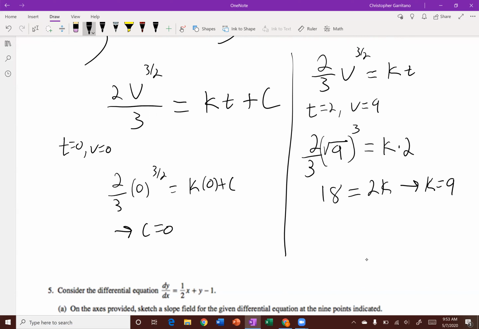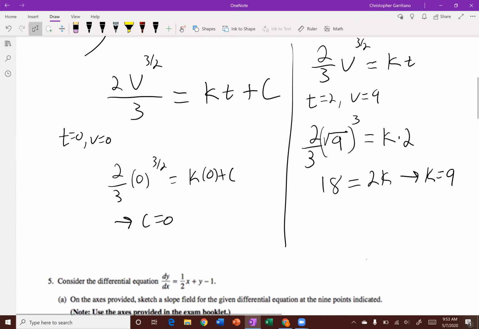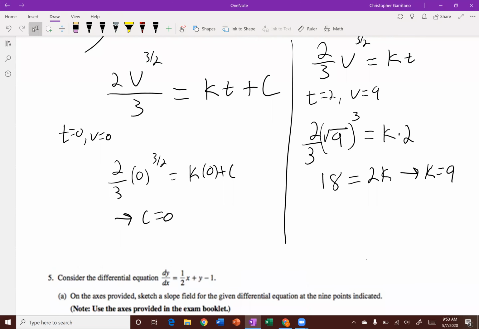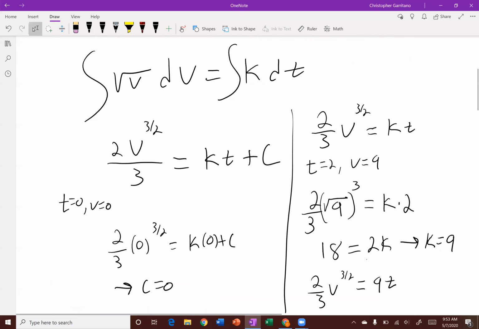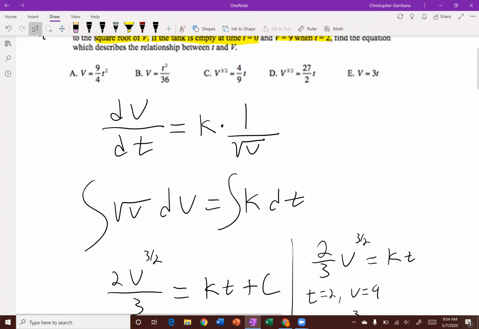All right, and so now let's write our final answer. We have 2/3 times V to the 3 halves is equal to 9t. Going up to the multiple choice options, I don't see anything that looks exactly like my current answer, so I'm going to have to manipulate some things.